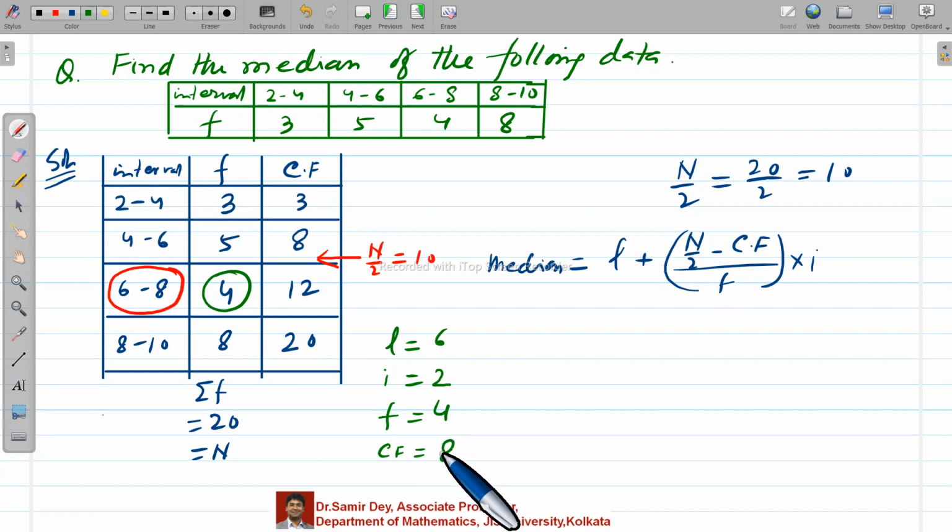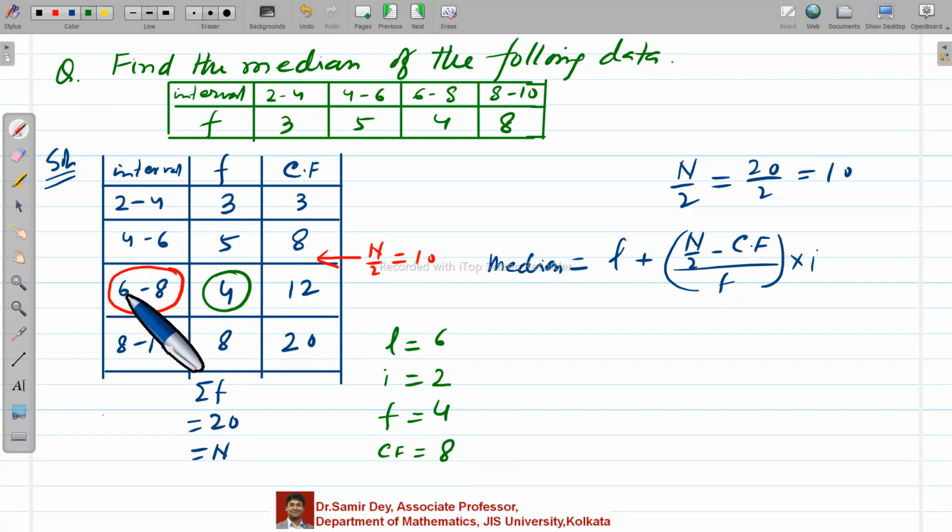I think it is clear. I repeat once again. First you have to identify n by 2. What is your n by 2? N is total frequency divided by 2, coming 10 in this problem. Then it lies between 8 and 12. Then you consider the next number, so the corresponding interval is the median interval. L is the lower limit of that, and F is equal to the frequency of the median class, that is your 4.